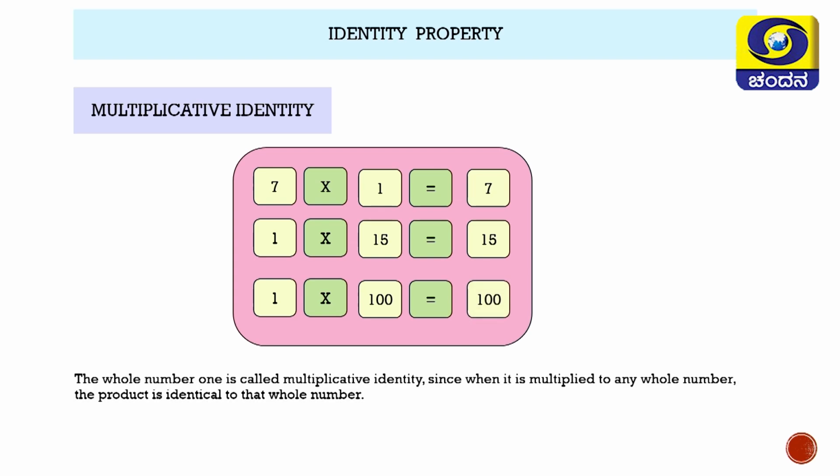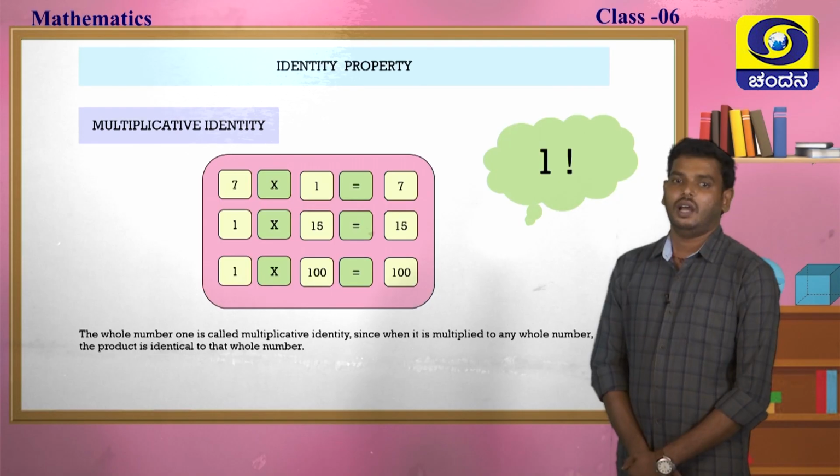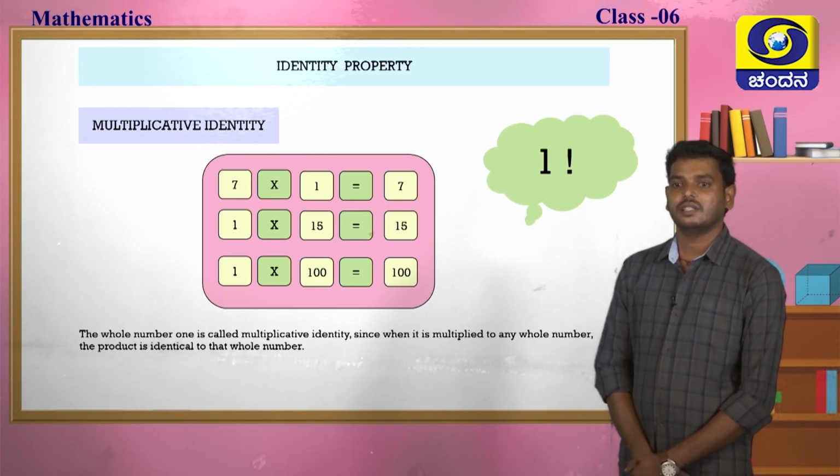By this I can say the whole number 1 is called multiplicative identity, since when it is multiplied to any whole number, the product is identical to that whole number itself. Got it, children? Multiplicative identity is 1, additive identity is 0.